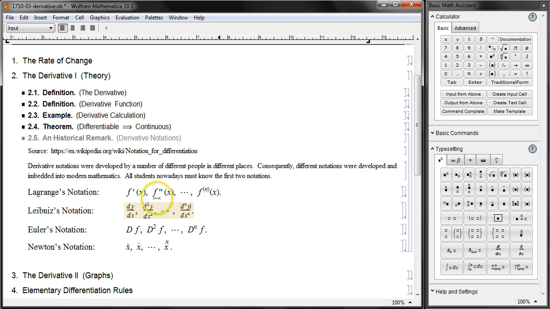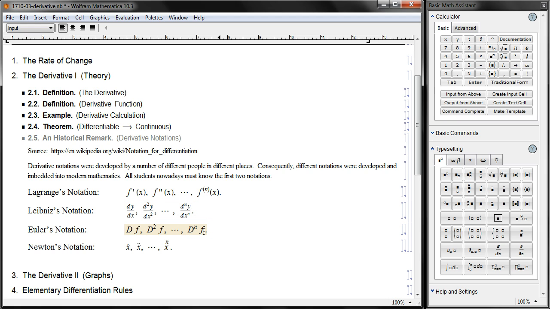Whenever I try to use Leibniz notation, this dy dx notation, students get alarmed and confused, but it can't be helped. There's no way out. These notations were developed separately for hundreds of years, and now they are stuck, so nobody can change it anymore. You just have to learn them all.